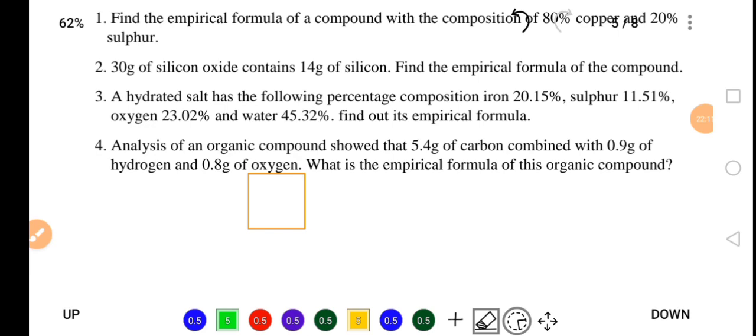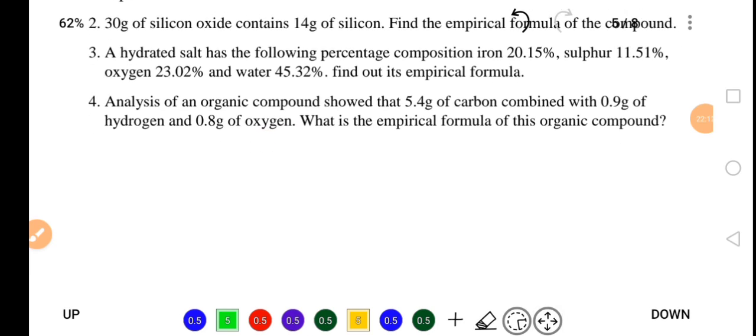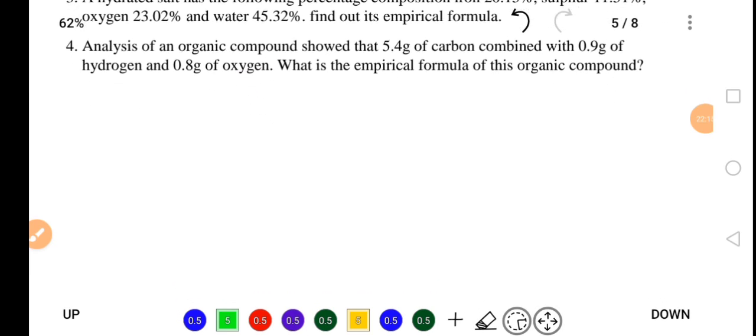So again, we are going to allocate these masses according to the elements. Let us align the elements. First of all, we have iron in the compound. We also have sulfur in the compound. We have oxygen in the compound. And then we have water in the compound.